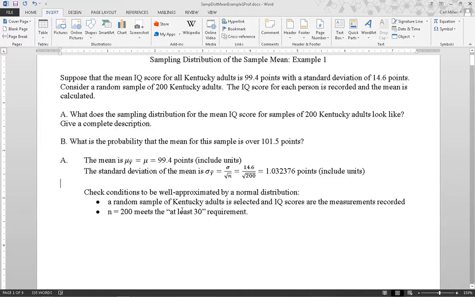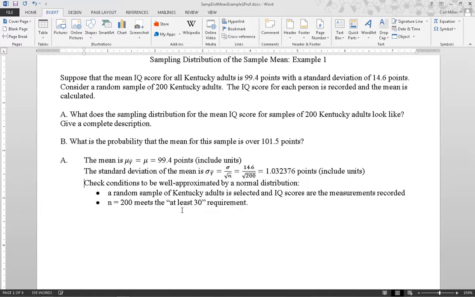Check the conditions to see if the curve is well approximated by a normal distribution. A random sample of Kentucky adults is selected and IQ scores are the measurements recorded, and n equal to 200 meets the at least 30 sample size requirement.